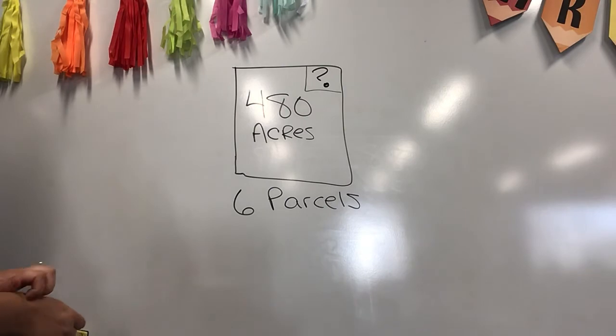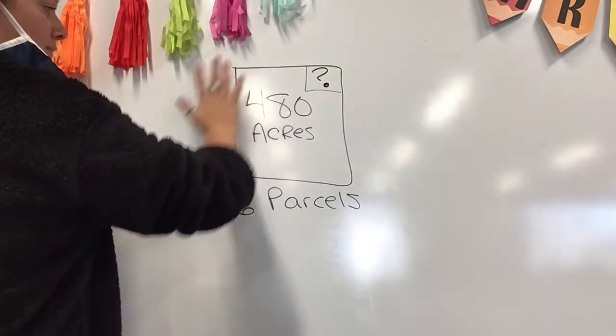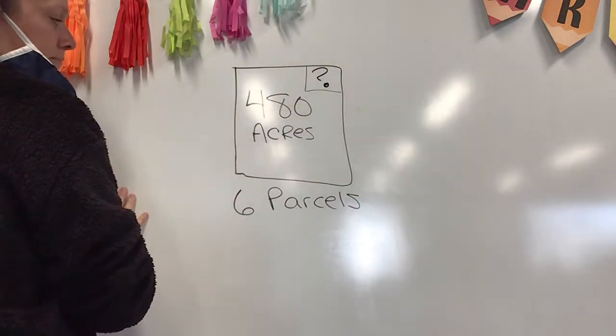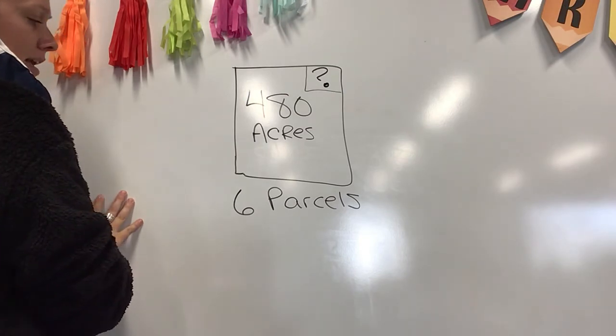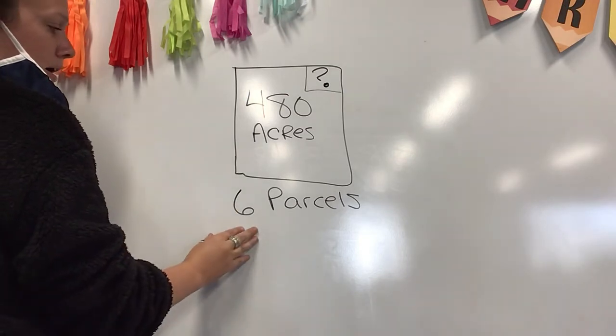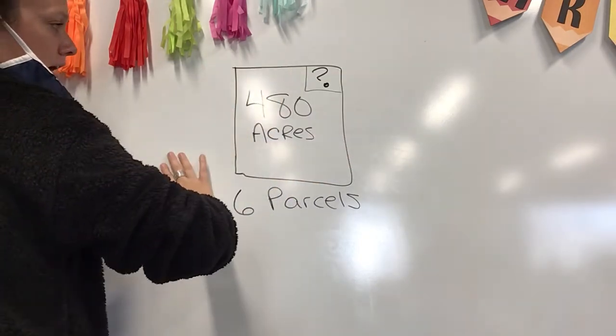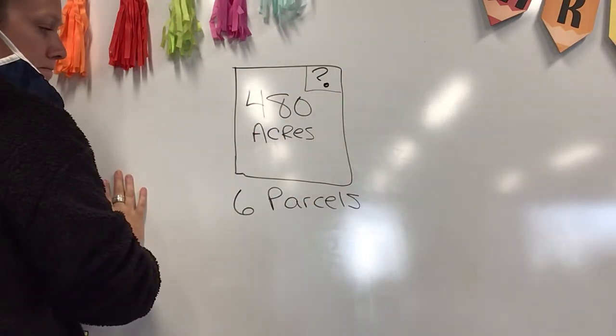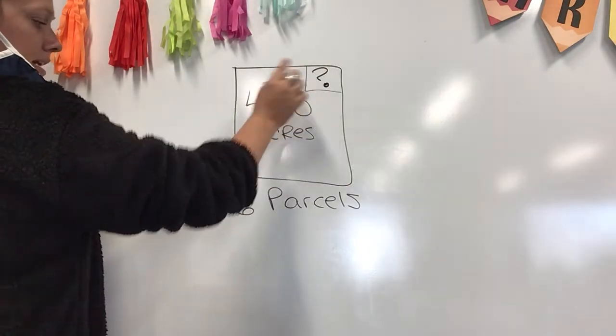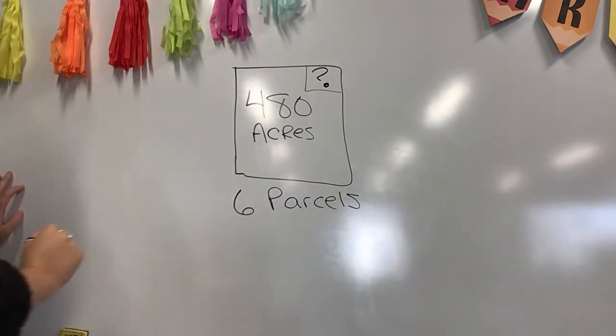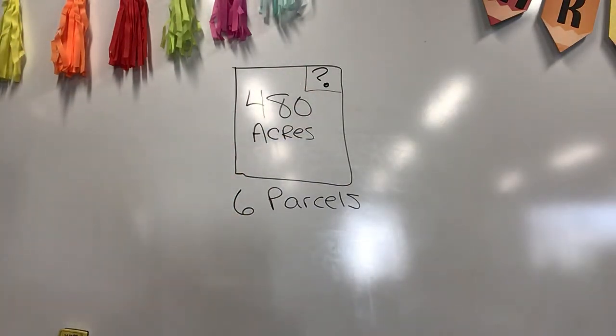There's a piece of land. This piece of land is 480 acres. But this person who is selling it wants to divide it into 6 parcels. So they're going to take this big piece and make it into 6 pieces. How big is each piece going to be then of those 6 parcels of land? Give me an equation and a solution.